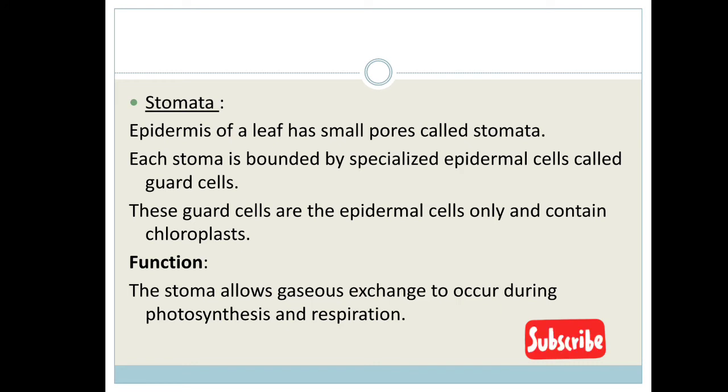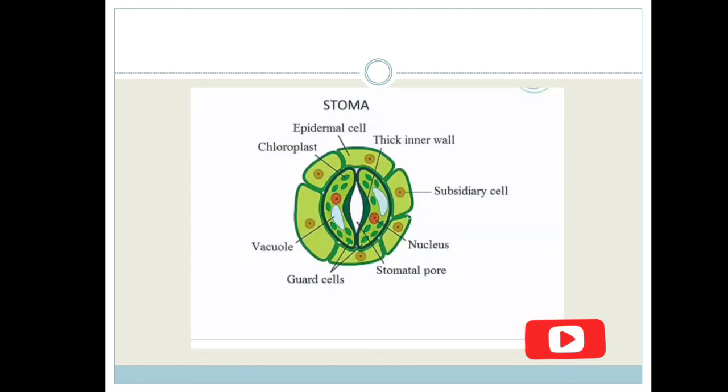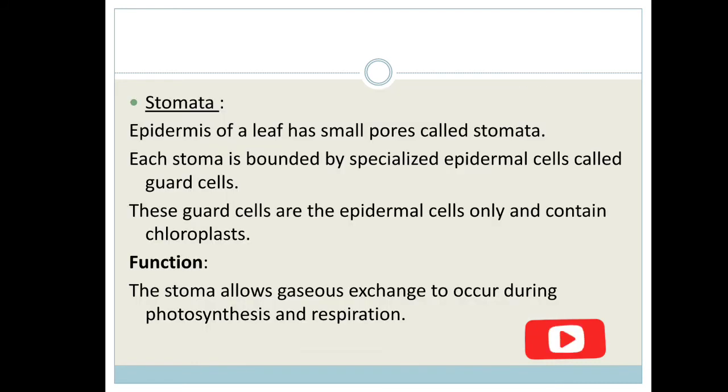So what is the stomata? The epidermis of the leaf has some small pores called stomata. Each stoma is bounded by specialized epidermal cells called the guard cells.